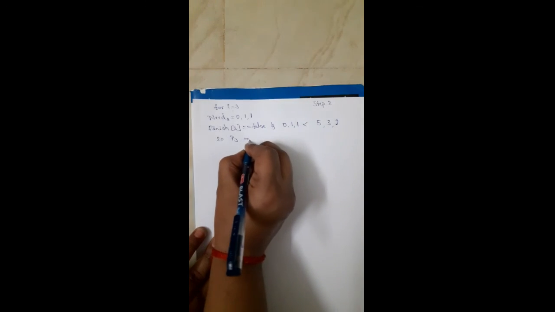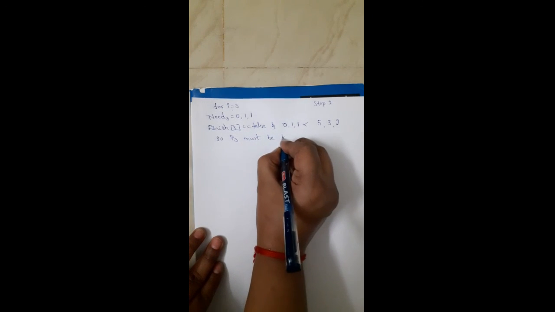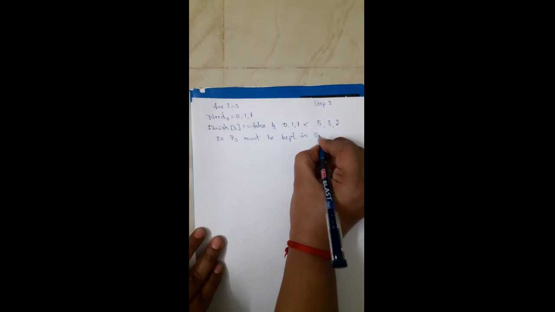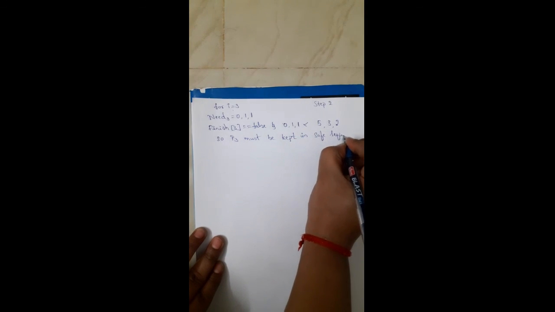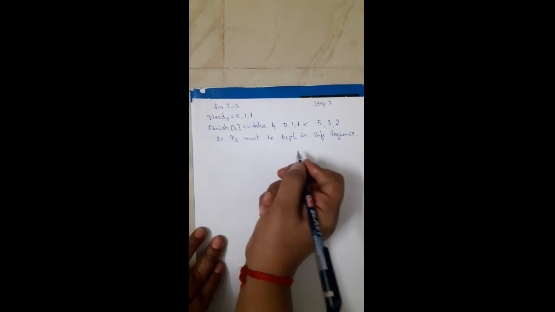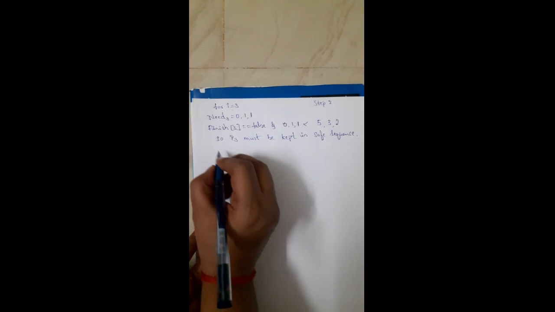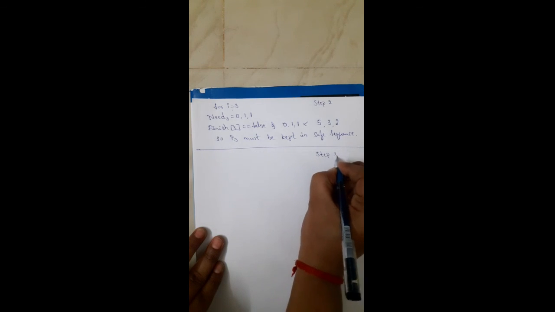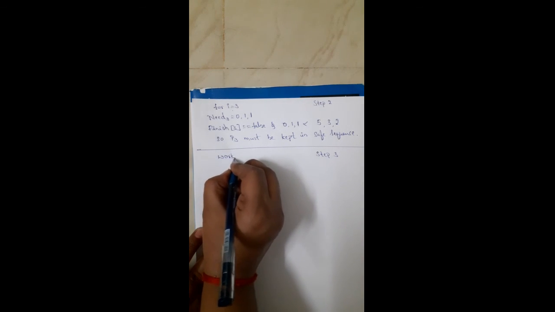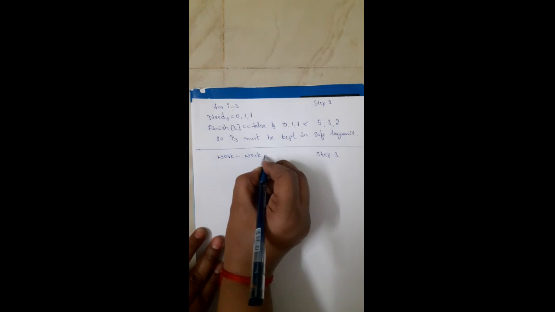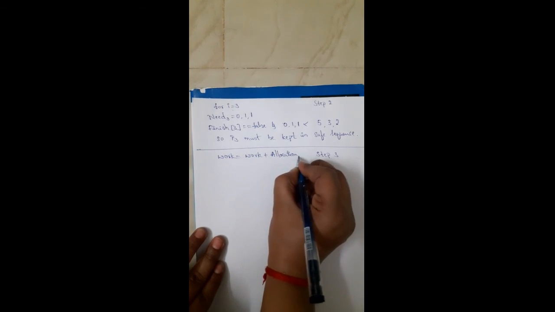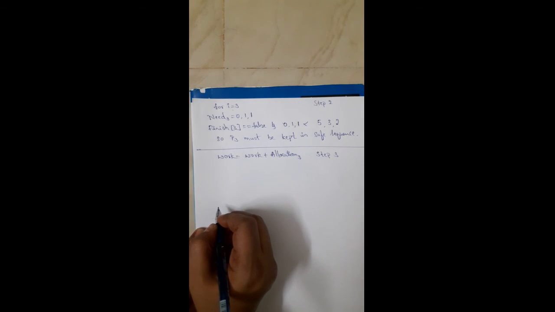So what we have to do? So P3 must be kept in safe sequence. I hope this is clear, right? P3 should be kept in safe sequence. Now go to step number 3. Here work is equal to work plus allocation of process P3, isn't it?